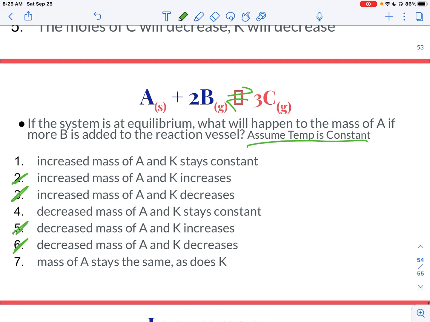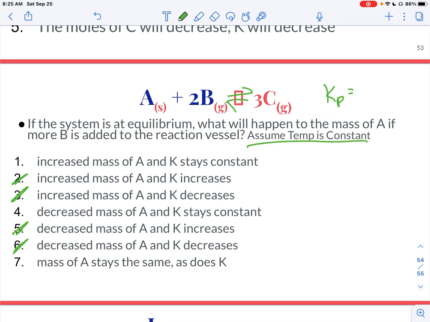change our expression. So like if we had our Kp expression, we would have the P of C to the third over the P of B to the second, okay? And if we increase the amount of B, we're going to increase that pressure of B. So what will happen is that our reaction will shift this way.